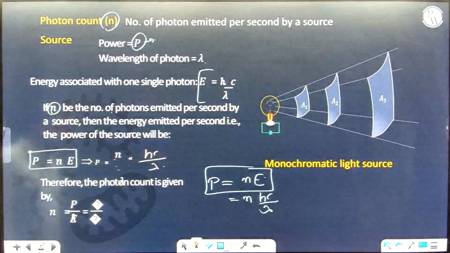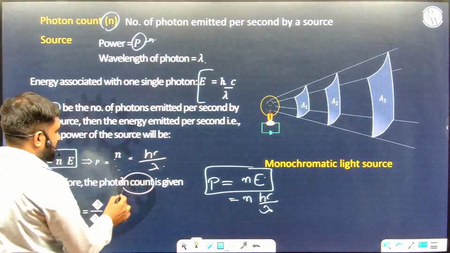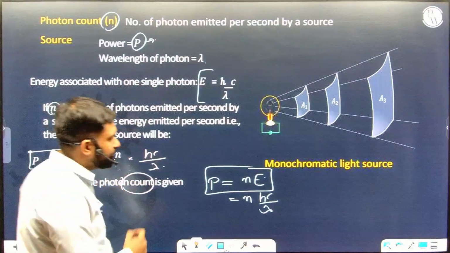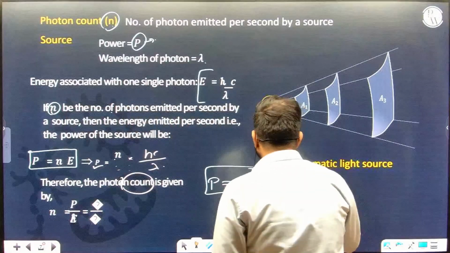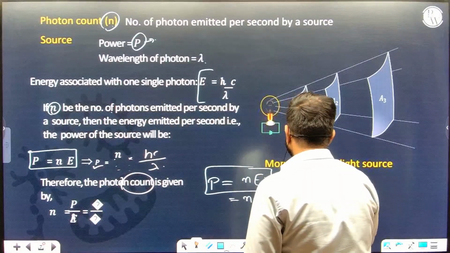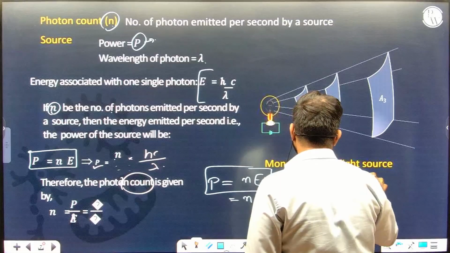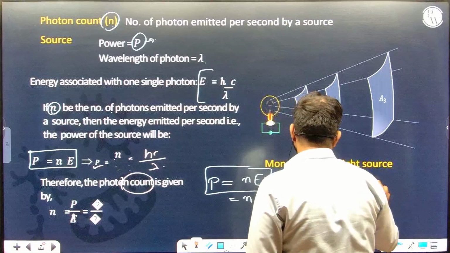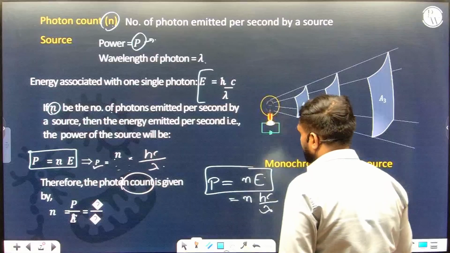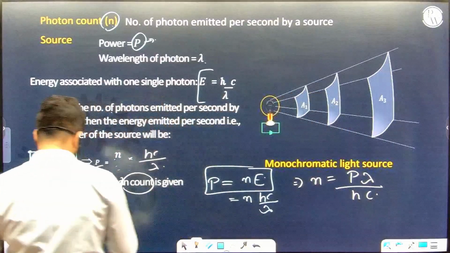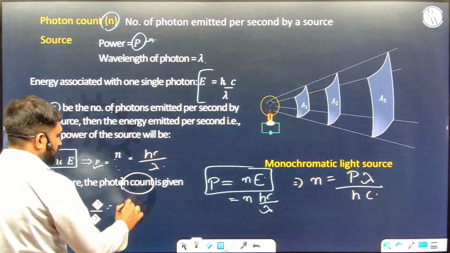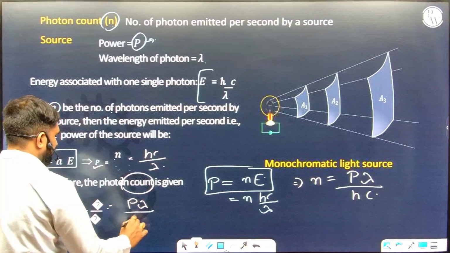Now they are asking the number of photons. If we know the power and if we know the energy, just cross multiply. So this gives me n equals the power into the wavelength upon hc. So here the n will be equal to power into wavelength upon hc.